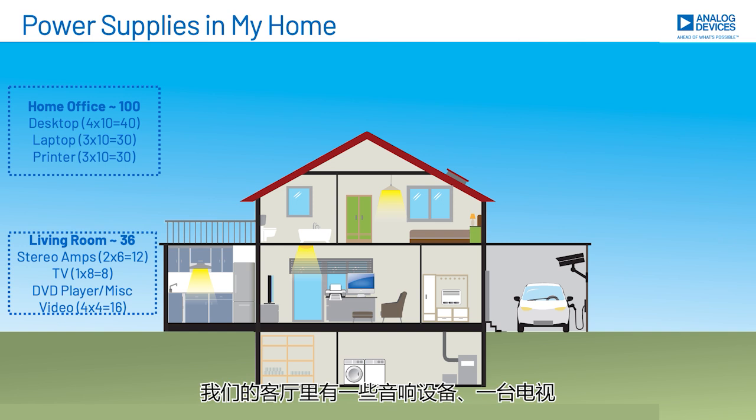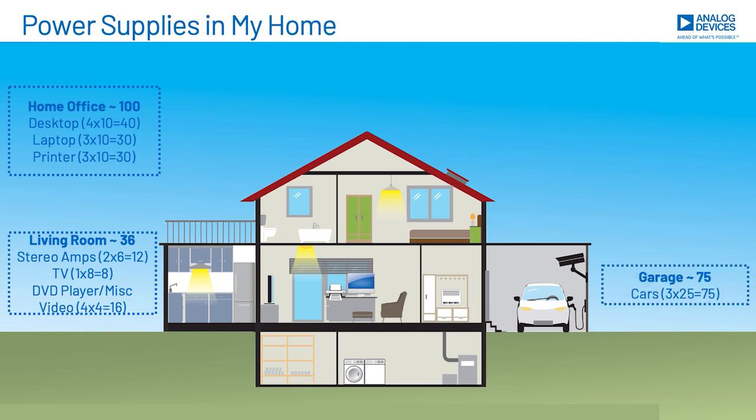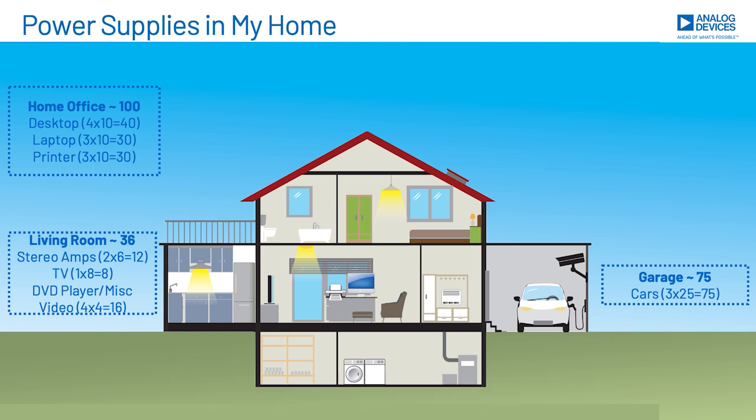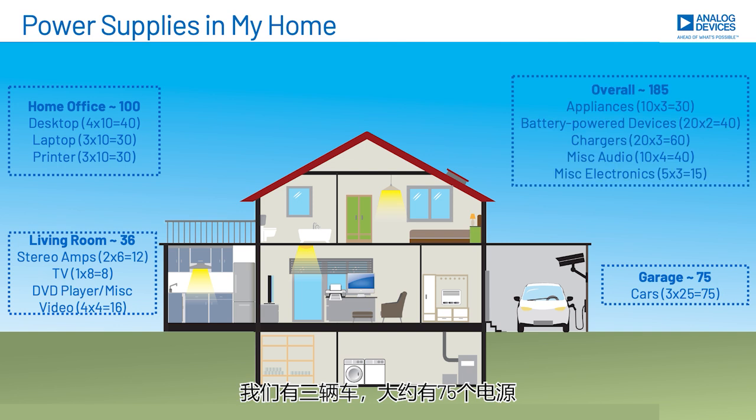In our living room, there is some stereo equipment, a TV, miscellaneous video equipment, that's another 36. Cars these days have a lot of power supplies in them because of all the infotainment and navigation and engine control. So we have 3 cars, that's about 75 power supplies. And then there's a bunch of miscellaneous things like appliances.